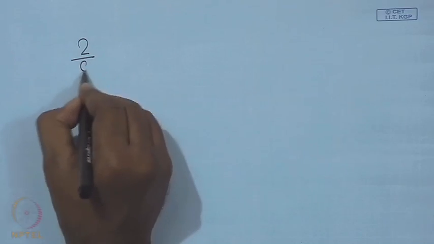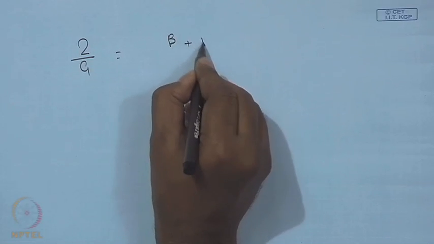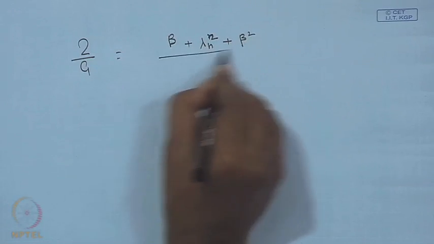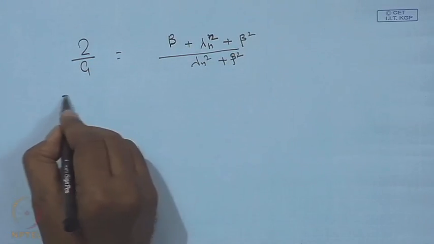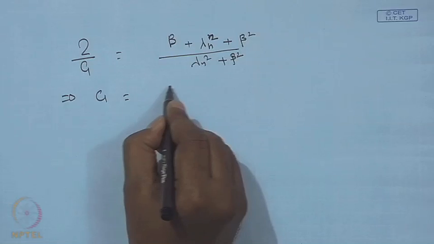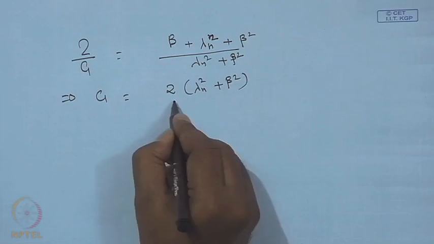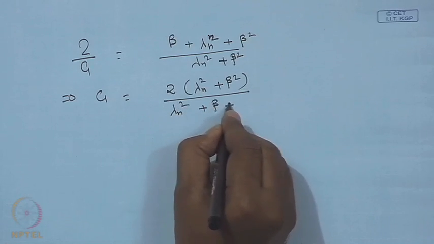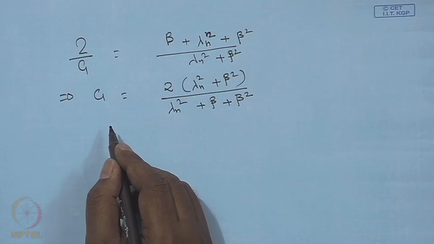So, 2 by C 1 will be nothing but beta plus lambda n square plus beta square divided by lambda n square plus beta square. So, therefore, this becomes C 1 equal to 2 lambda n square plus beta square divided by lambda n square plus beta plus beta square. So, that will be the C.